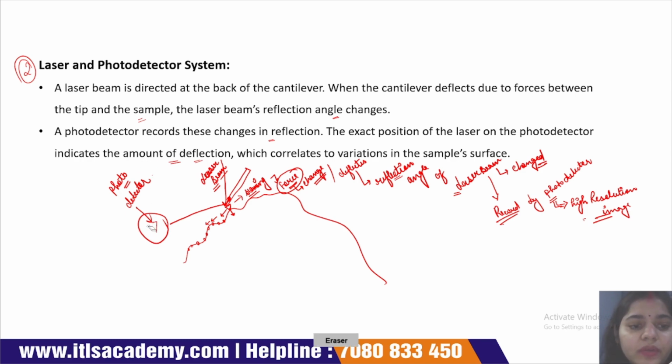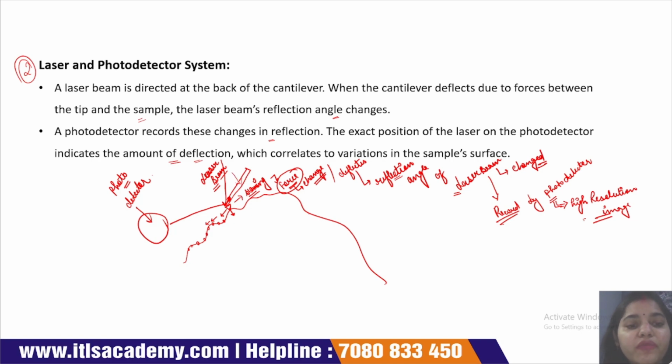Here, this is the surface of the biological sample. This is a cantilever. This is the tip of the cantilever. Whenever this tip is moved on the surface to scan the surface of the sample, the force on the cantilever will change.